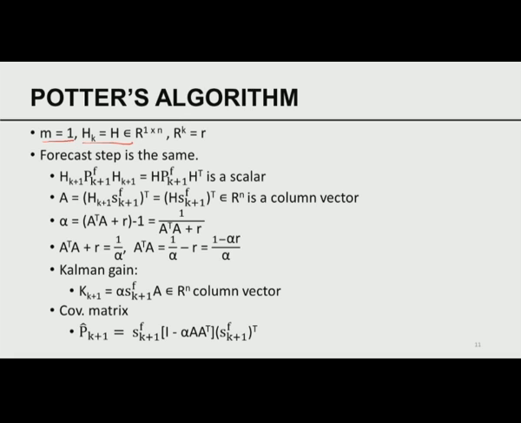So H_k is still an n-dimensional vector. So z is equal to h times x. This is a scalar, this is 1 by 1, therefore this is 1 by n times n by 1.